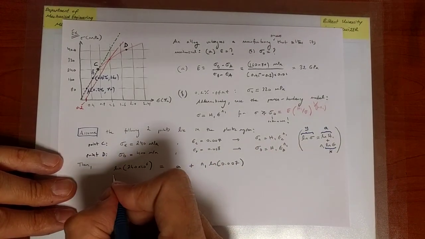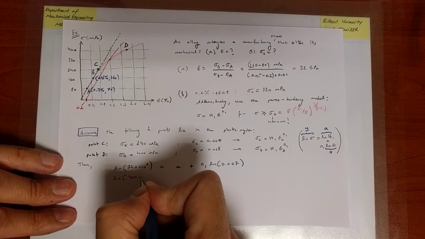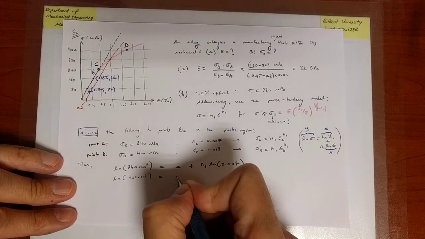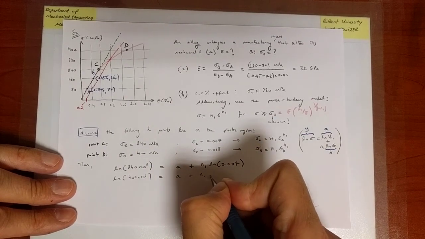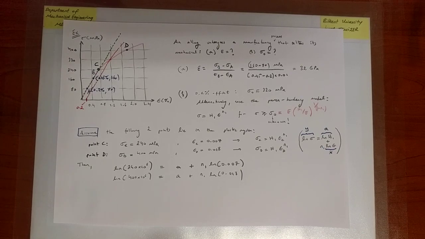Then for point D, we have ln of 400 MPa equals a plus N1 times ln of the corresponding strain. And that's nice. Now I have two equations for two unknowns.